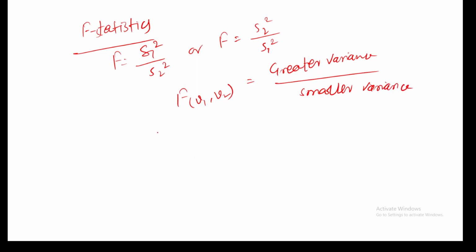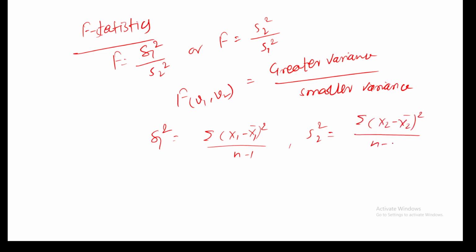Okay, so how can you calculate the S square? S2 square is the sum of x2 minus x2 bar whole square upon n minus 1. So the degree of freedom will be n1 minus 1 for the first and n2 minus 1 for the second. Is it correct?